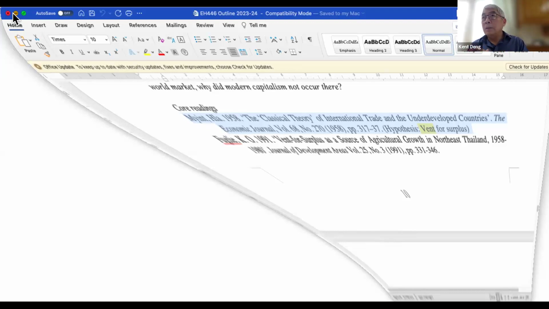China basically decided to give up ISI ever since Mao died, and it was a very difficult transition to switch from ISI to EOI. EOI is export-oriented industrialization.